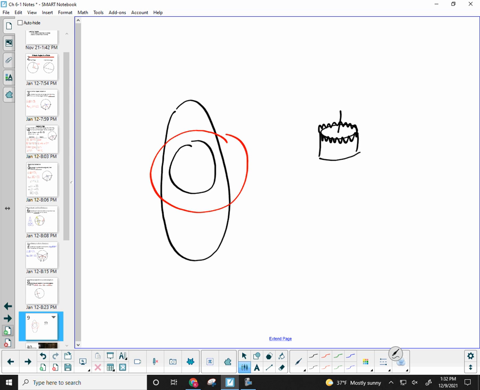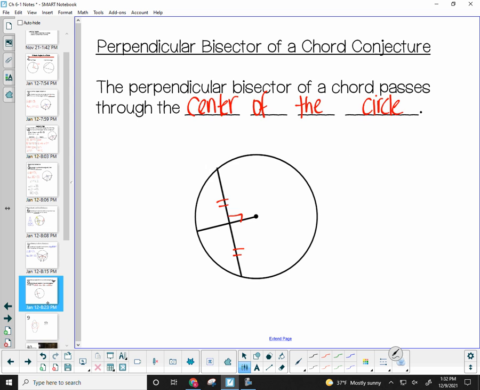So what I did was I used this theorem. So here's my big circle. This is the circle I need to cut out, right? I need to find the center. So I literally went and got my compass and a ruler.